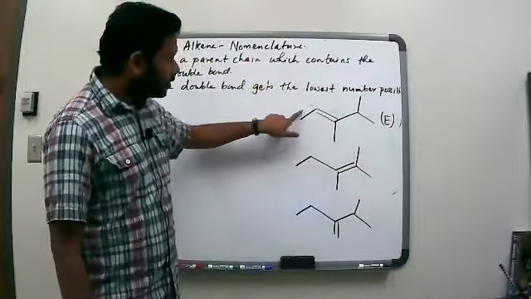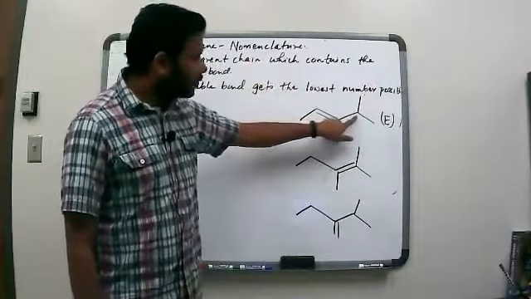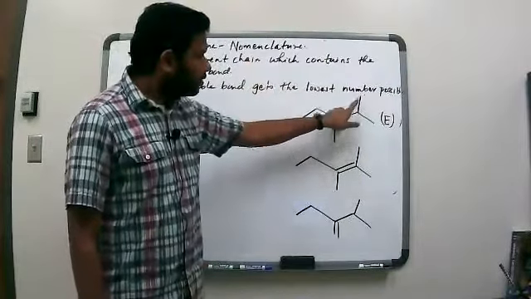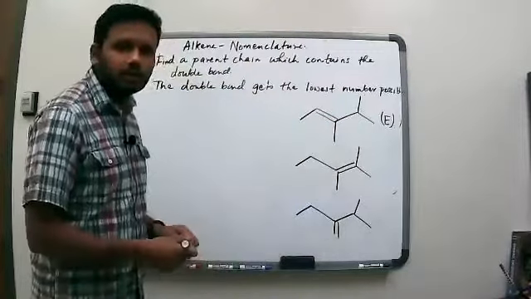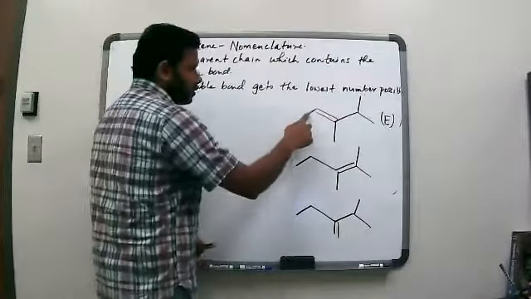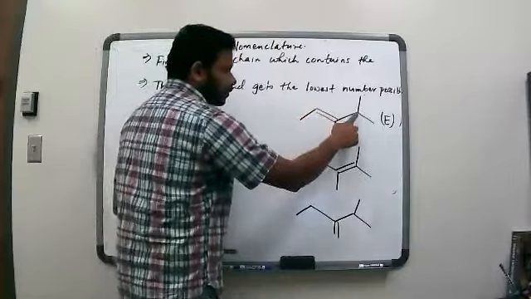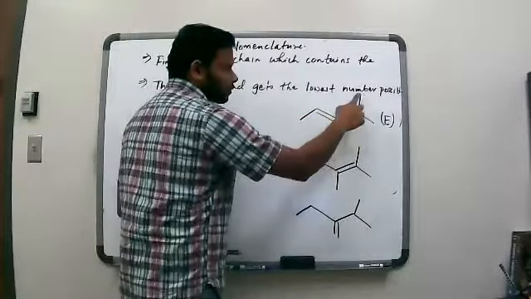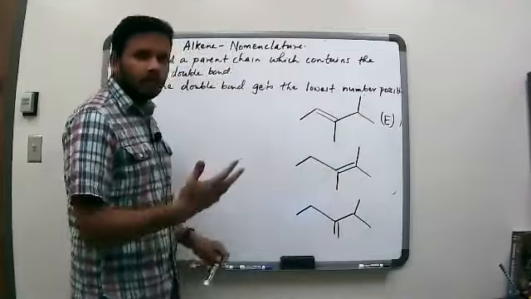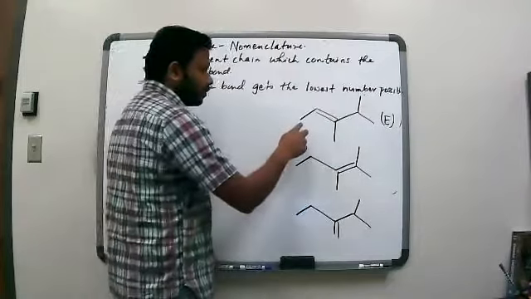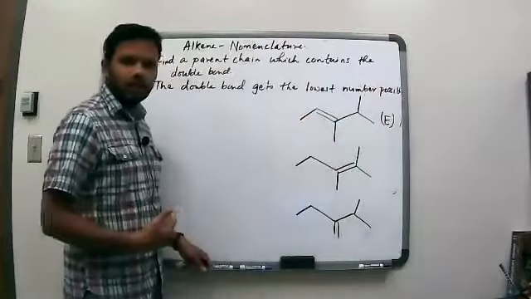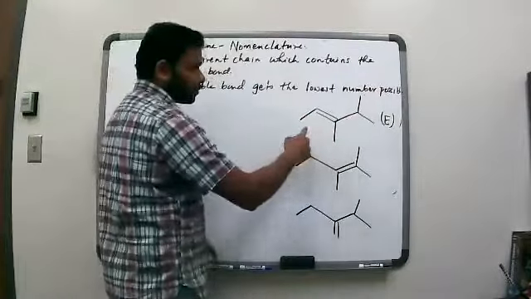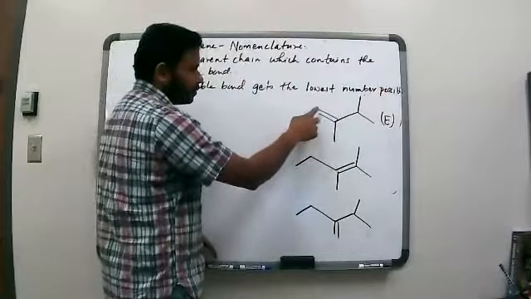So 1, 2, 3, 4, and it could be 5 or 5, doesn't matter, either one. It is a 5 carbon chain. Okay, so 1, 2, 3, 4, 5, or 4, 5 over there. Now, when we are numbering this, we can go from the left to the right or go from the right to the left. But if I go from left to right, then 1, 2.